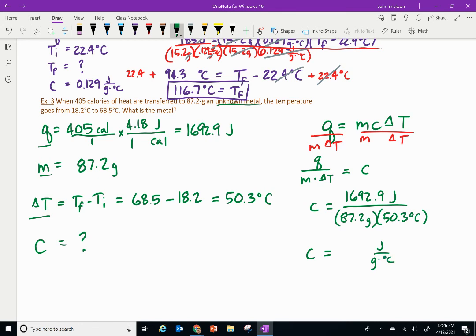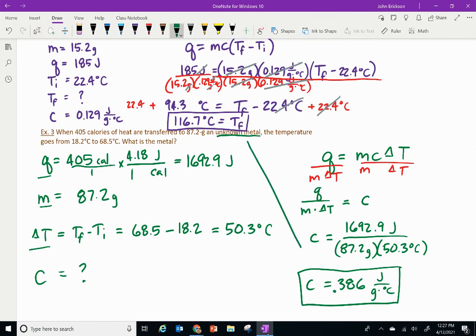Those are the units for calculating specific heat capacity. Punching in 1692.9 divided by 87.2 divided by 50.3, writing my answer as 0.386 if I round this to 3 sig figs, 0.386. That is the value for C.